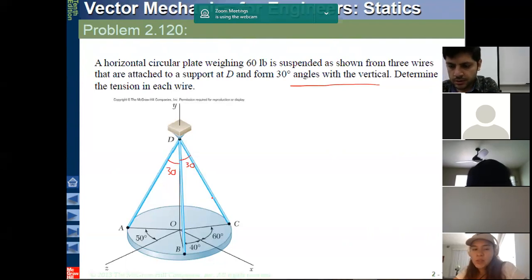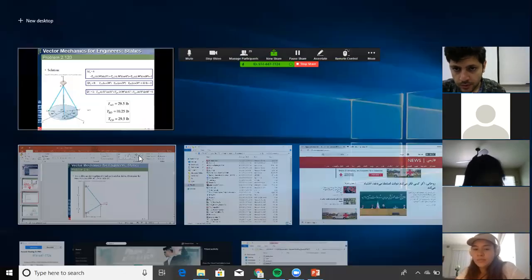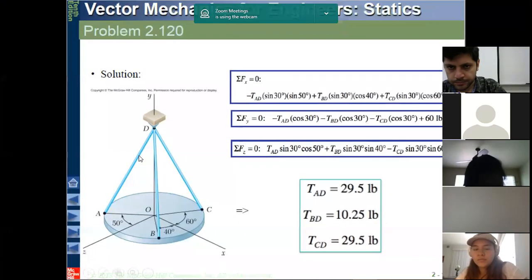This is very similar to the previous problem, but you just need to look at the geometry and find the projections of the vectors. So if you multiply TAD by sine of 30, you would get this OA.